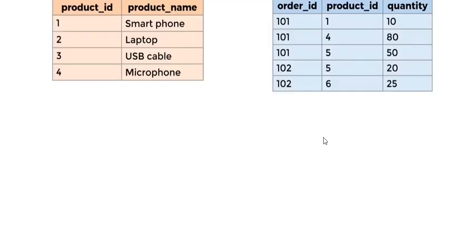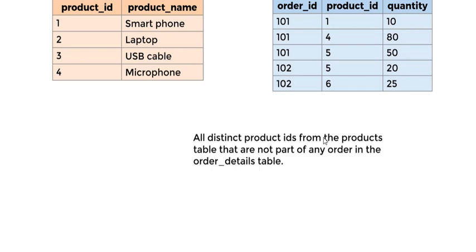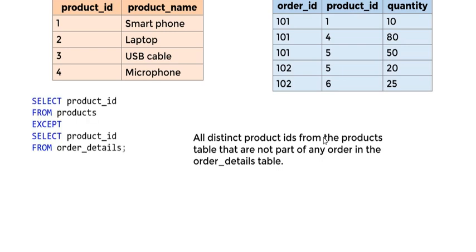Okay, let's take an example. Products table and order details table, right? Here let's say we want to write a query to get all distinct product IDs from the products table that are not part of any order in the order details table. So we can do this by writing the following query.